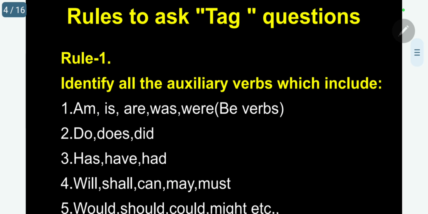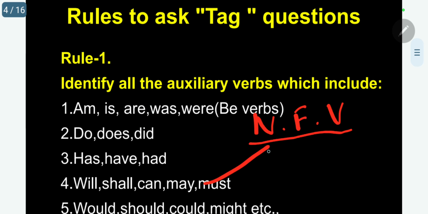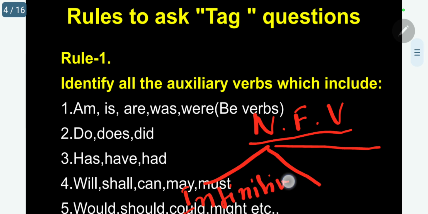Now, you go to non-finite verb. Non-finite verbs, we have three types. One is infinitive. Another is gerund.